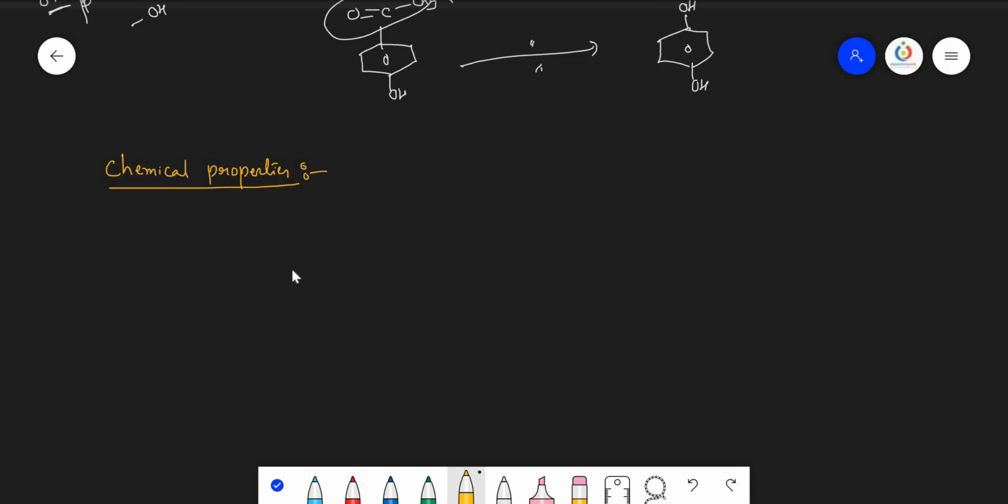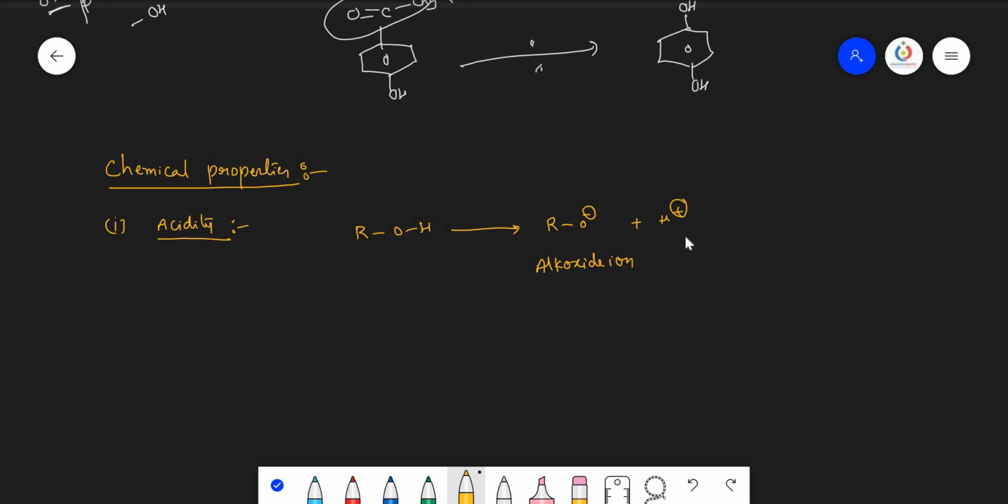So in the chemical properties of the phenol, first we need to discuss the acidity. So in acidity of the phenols, when you compare the acidity of the phenols with alcohols, normal alcohols, see this is the normal alcohol. When it loses H plus ion, it provides the alkoxide ion plus H plus ion. This is alkoxide ion.